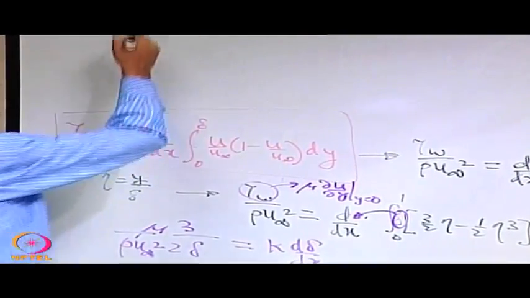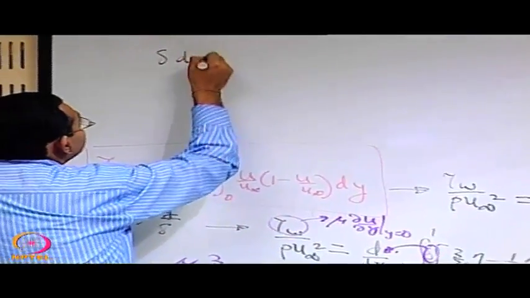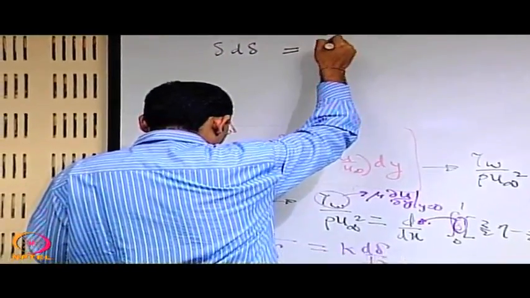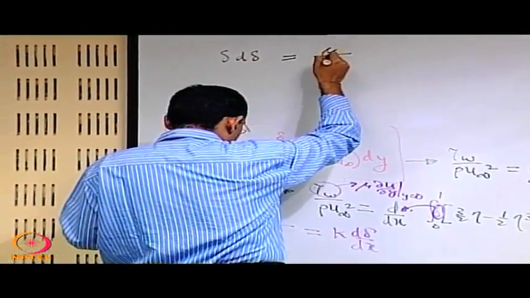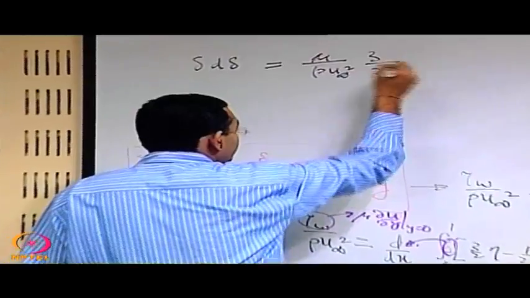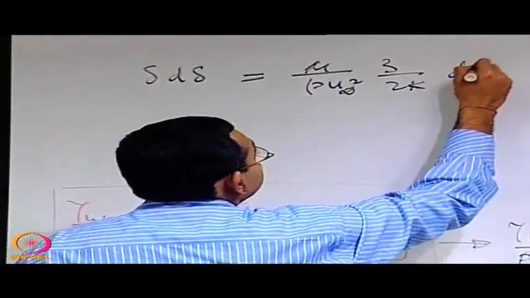So, you have delta d delta equal to mu by rho u infinity square into 3 by 2 k dx.